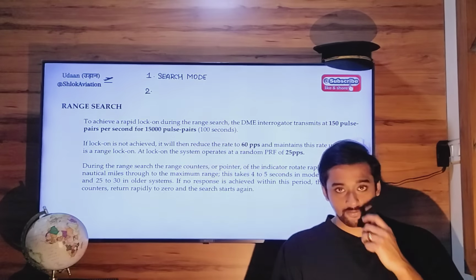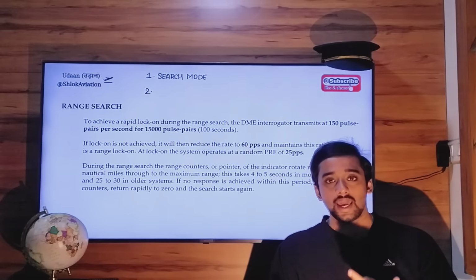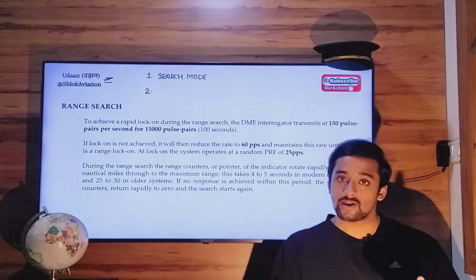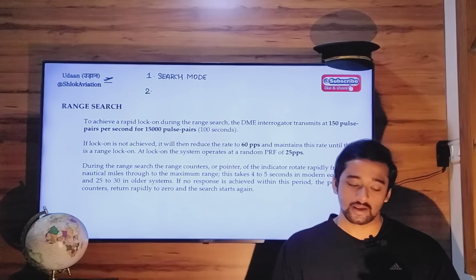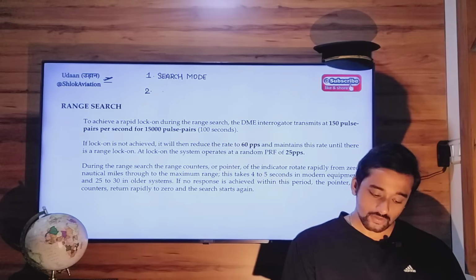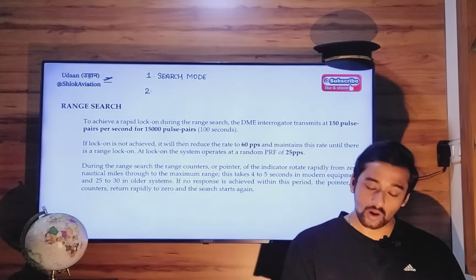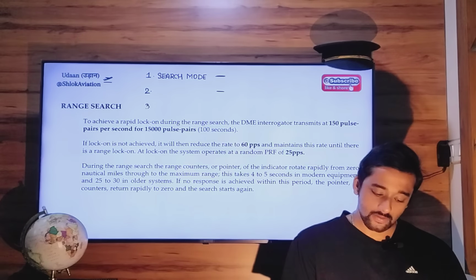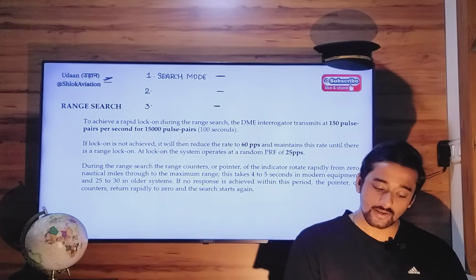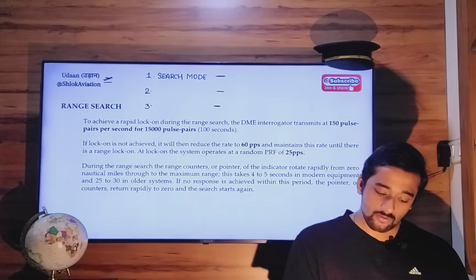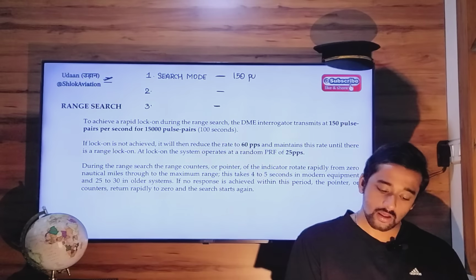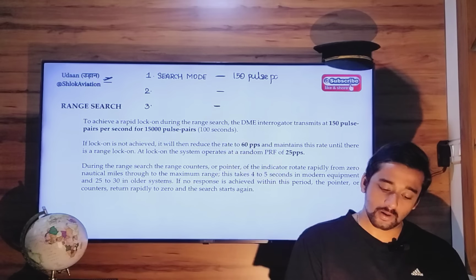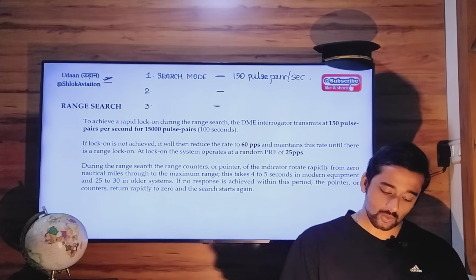If it successfully searches for that DME station, it will reduce its search rate or scan rate to a particular value. I will give that value. In case of search mode, it is 150 pulse pairs per second as given in the question.